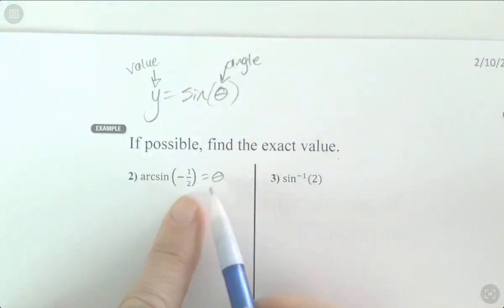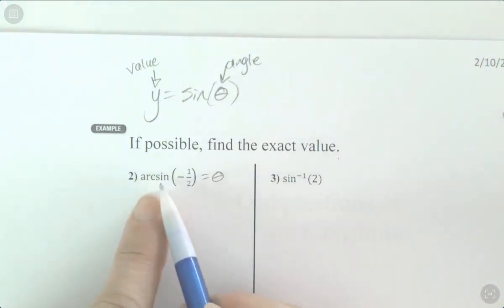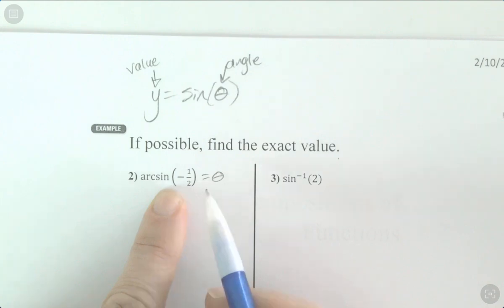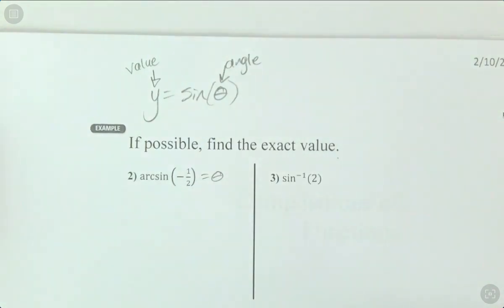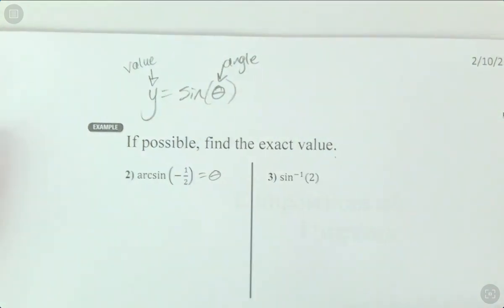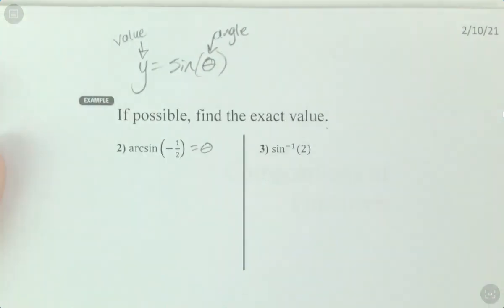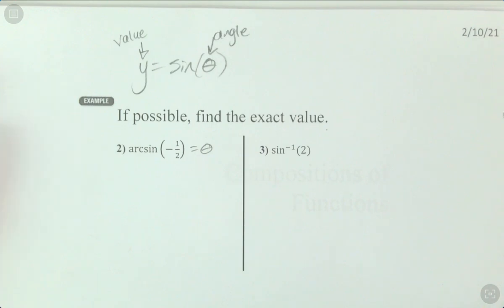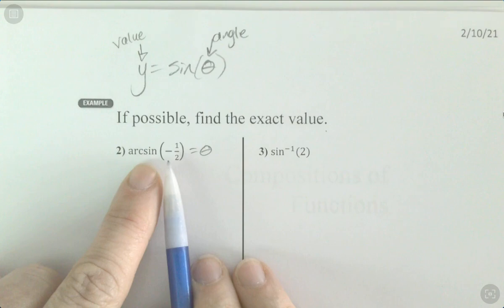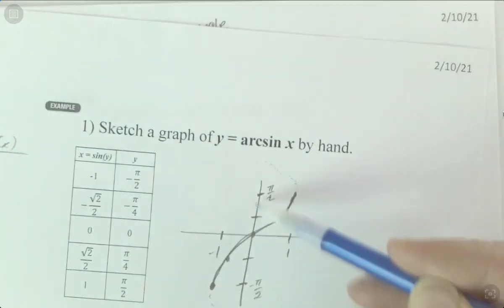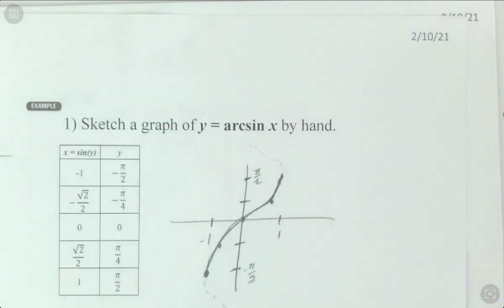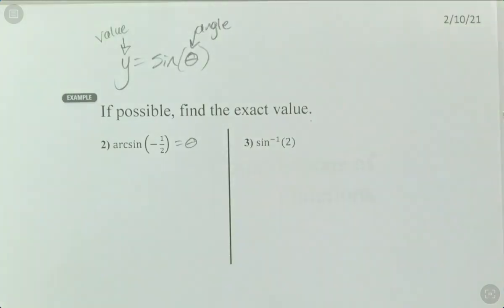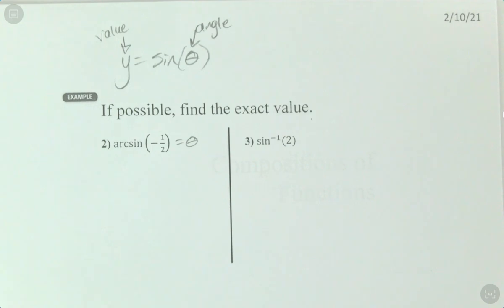I want to know the angle whose sine is negative 1/2. So looking at the unit circle, what angle has a sine of negative 1/2? Negative 30 degrees. Is there not another one? 330. Yeah, you could say 330, 210. But remember, the arc sine range is restricted. You can only give an answer that's between negative pi over 2 and positive pi over 2, or negative 90 to positive 90 if we're doing degrees.